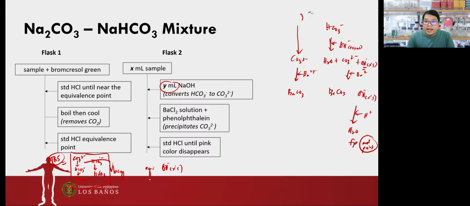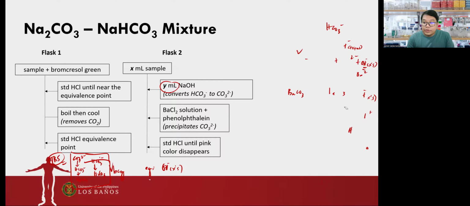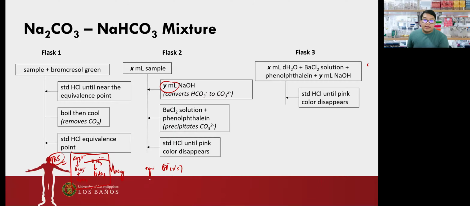So dito sa third flask, instead na X mL of sample, you will add X mL of water. So meron kang water, tapos nag-add ka ng barium chloride solution, Ba2 plus.